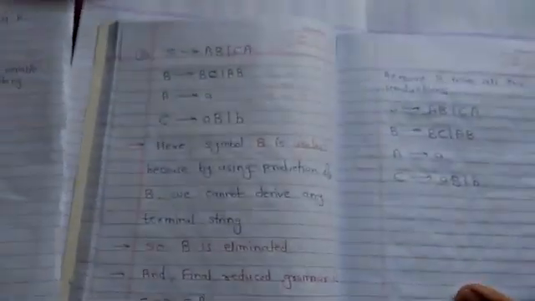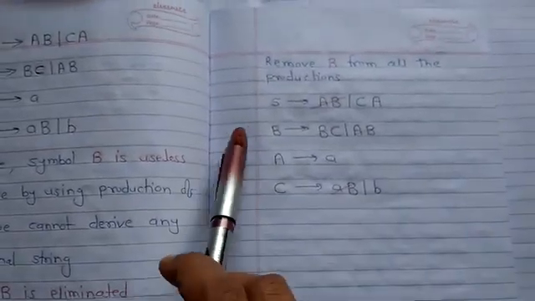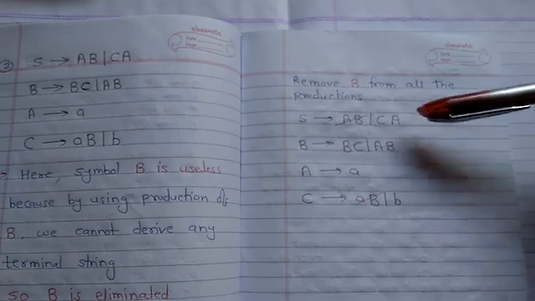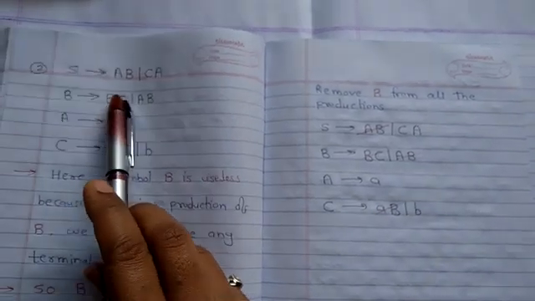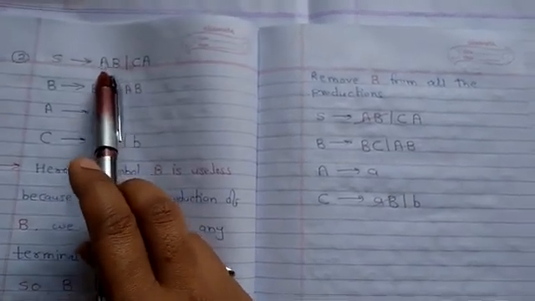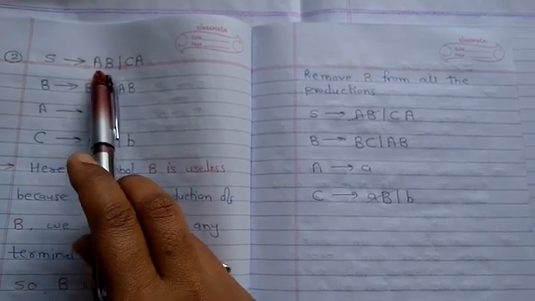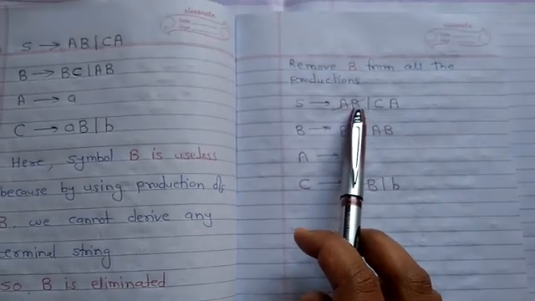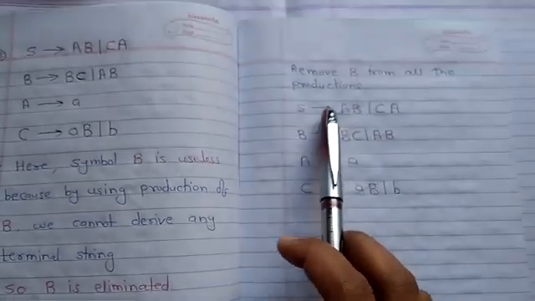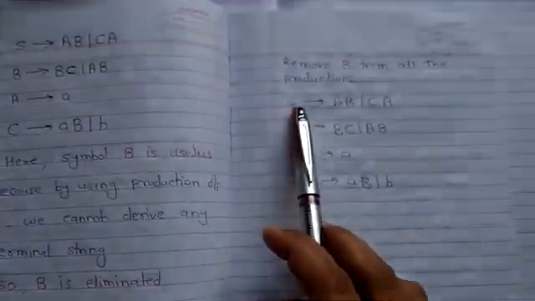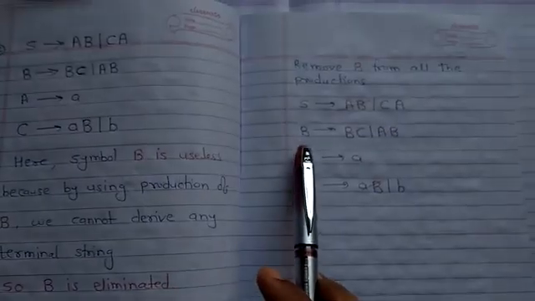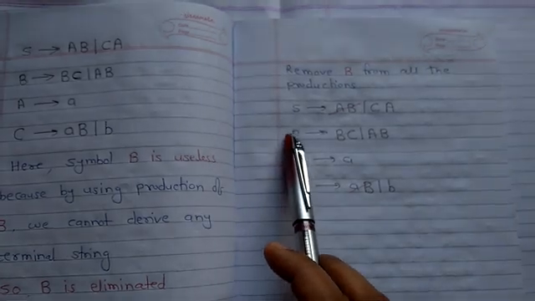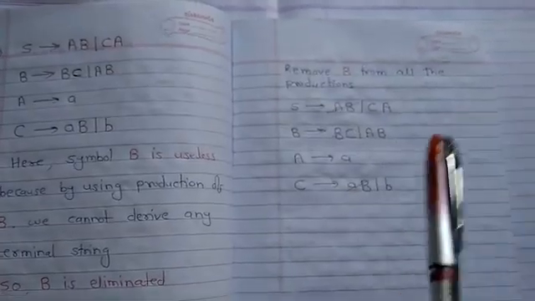How is it possible? Let us check. After removing B from all the productions, remove all productions where B is attached to any of the variables. Here S tends to AB, B is attached, that's why it is removed, and the remaining production is S tends to CA. B tends to BC, AB, B is useless, so all these productions are removed.